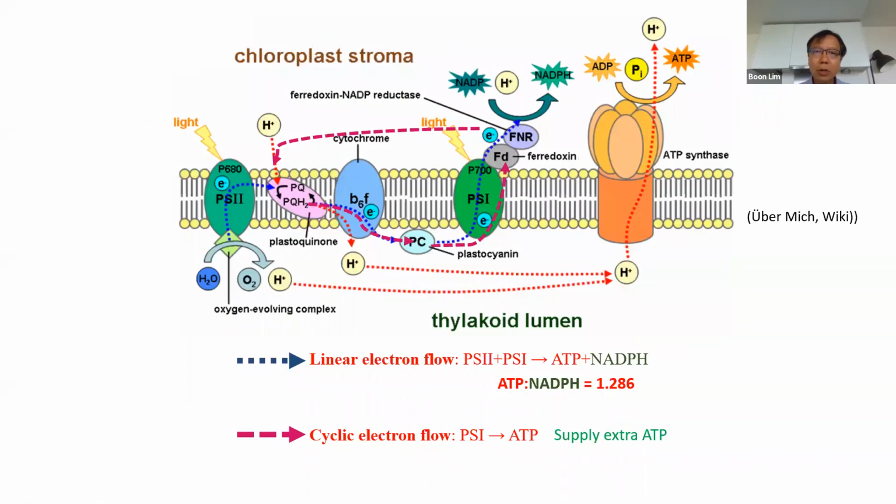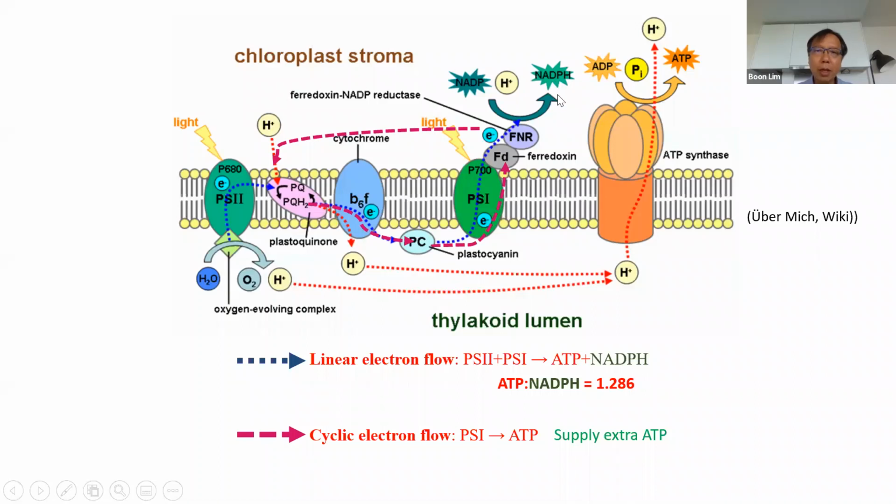So now let's look at the photosynthesis in mesophyll cells. In the chloroplast, there are photosystem 2 and photosystem 1, and electrons are extracted from water molecules, and then pass through photosystem 1, and are used to reduce NADP, the electron acceptor, into NADPH.